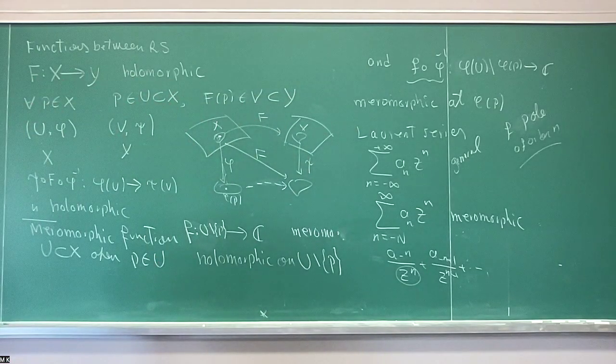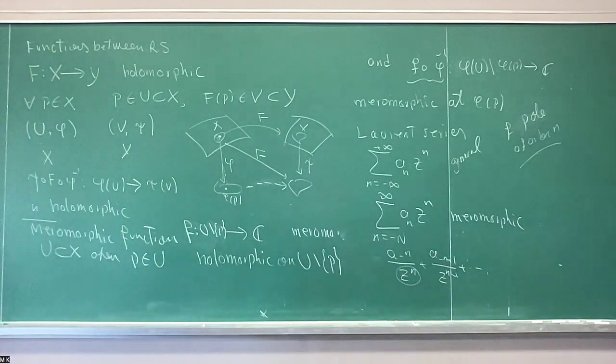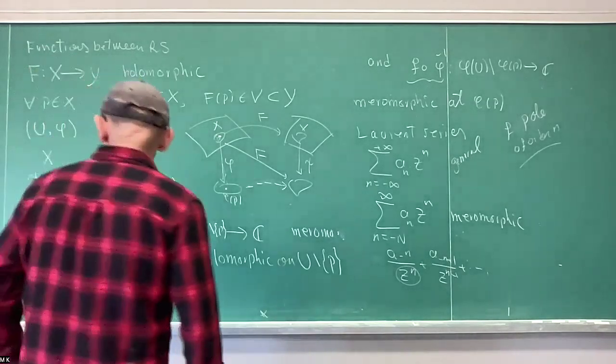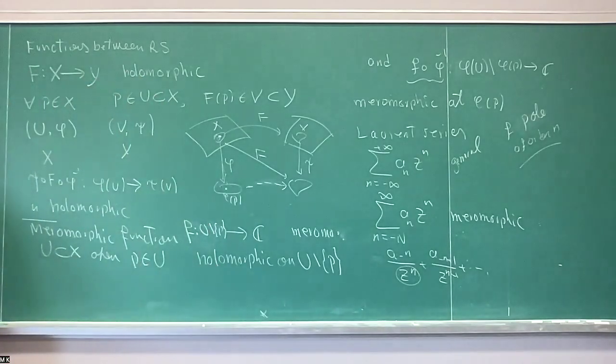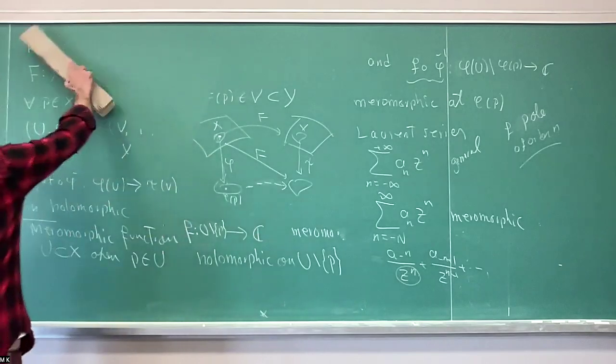Okay, so we have the idea of holomorphic functions and meromorphic functions. Let's now define the order of a function at a point P, which is basically this number n that I defined over there.